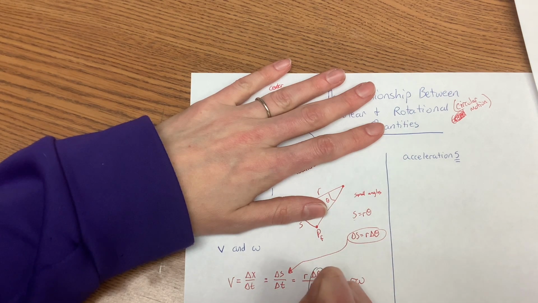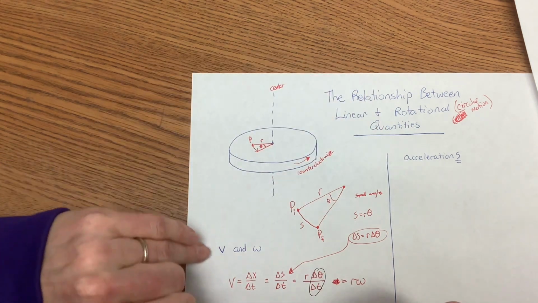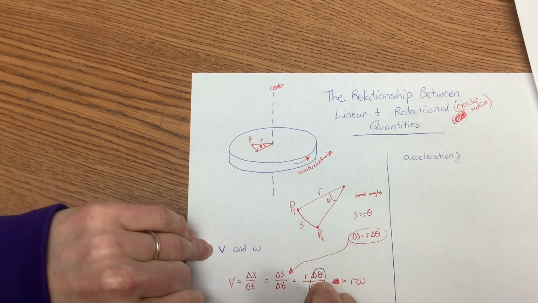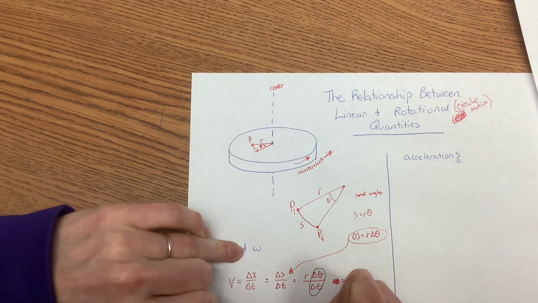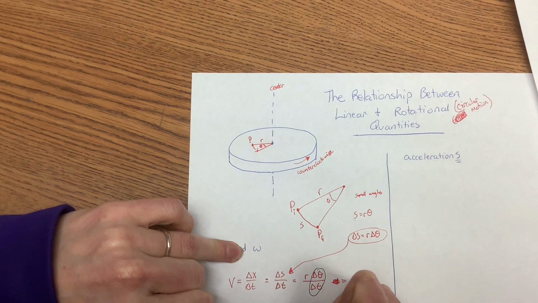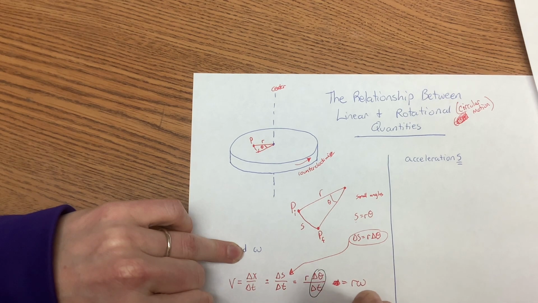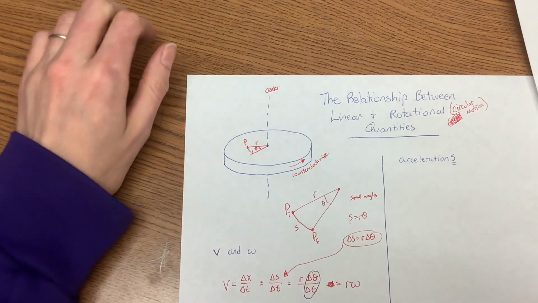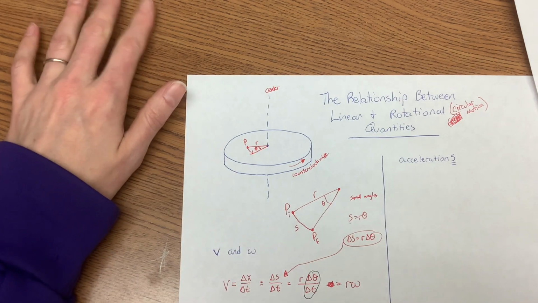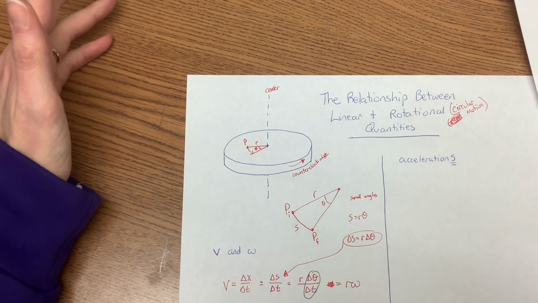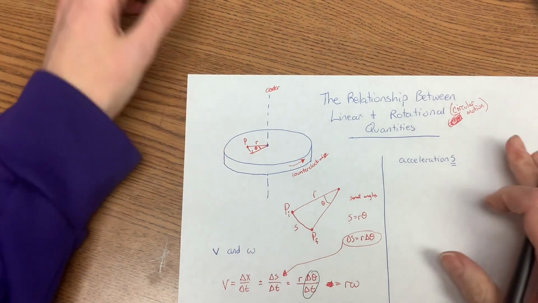So what we know then is that the relationship between the linear velocity of the object at that point is the same as, or we can find it by doing, R times omega, the linear velocity times the angular velocity. Sometimes people call the angular velocity the angular frequency, and that's okay. So if you see anything that says angular frequency, it might be the same thing.